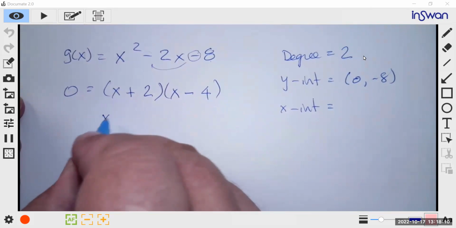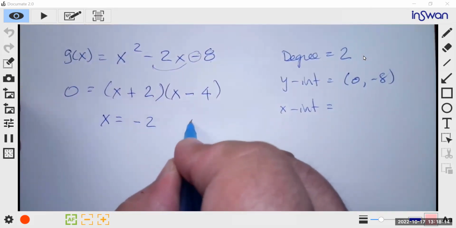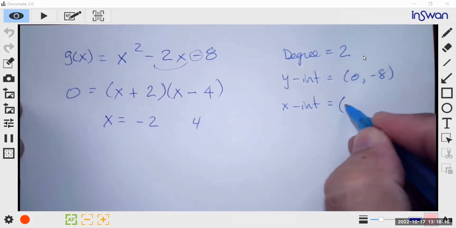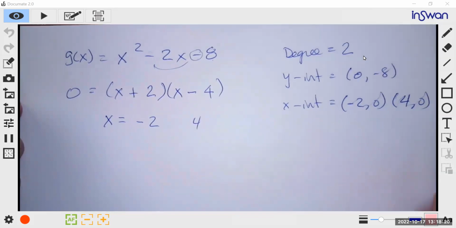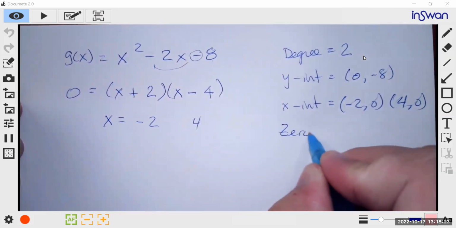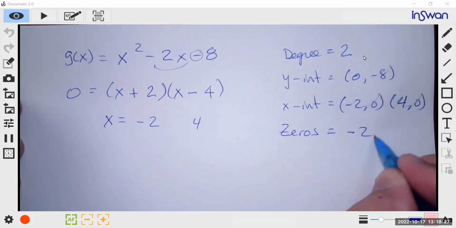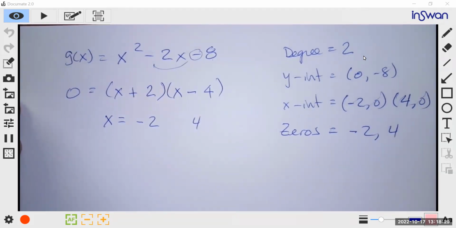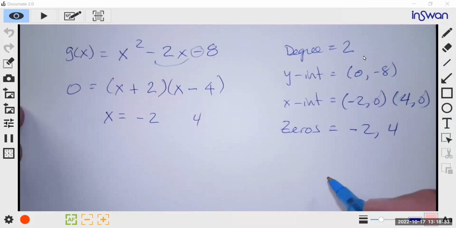So my x-intercepts are where? So it's at (-2, 0) and (4, 0). What are my zeros? -2 and 4. What else can you tell me?